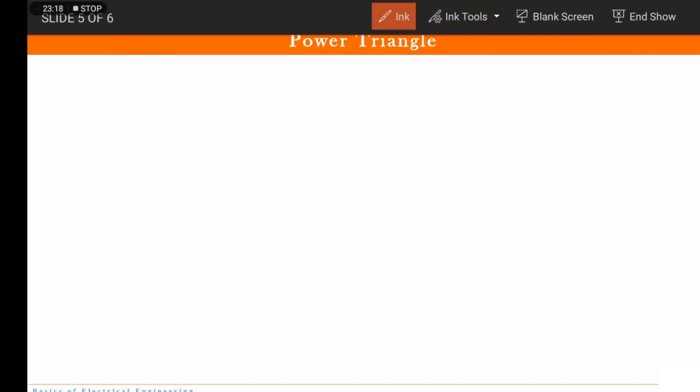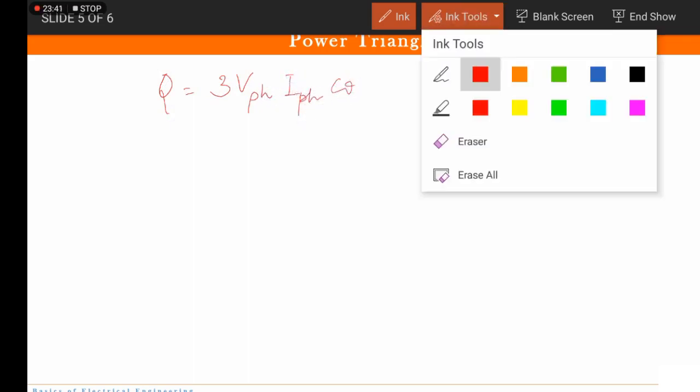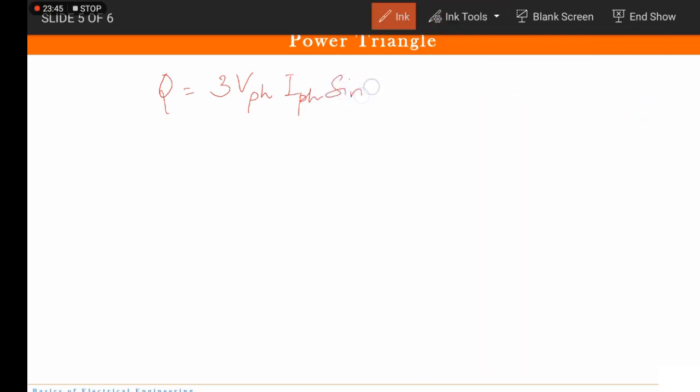Now let us calculate the reactive power. Fine. Now what is going to be the reactive power? Reactive power will be, again it will be same thing, but just instead of cos phi we will have sin phi, right? Otherwise it is the same. Sin phi.